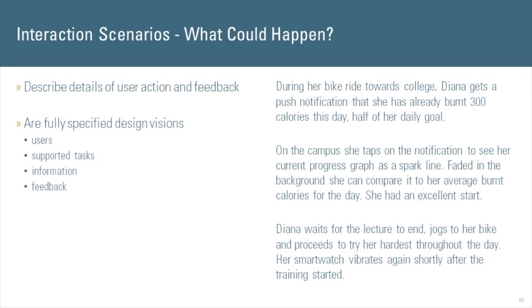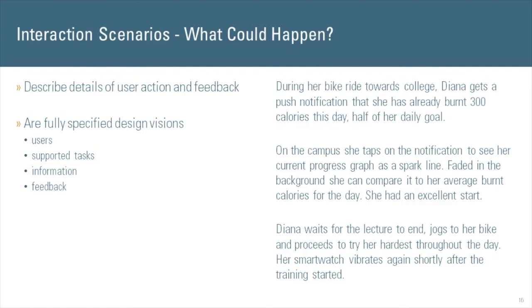So during her bike ride towards college, Diana gets a push notification on her wearable device that she has already burned 300 calories this day, half of her daily goal. On the campus, she taps the notification to see her current progress as a sparkline. We see also that we got rid of the mini cupcakes after a bit of user feedback.